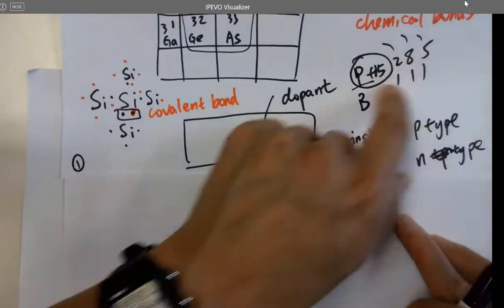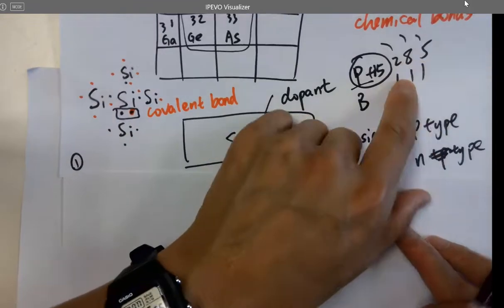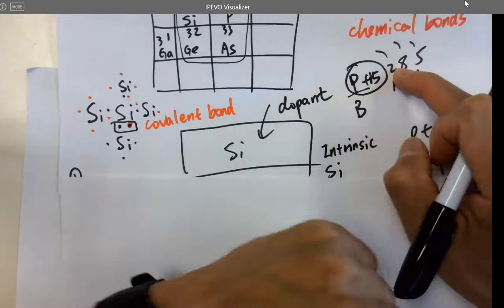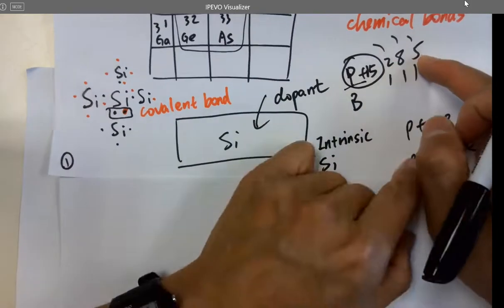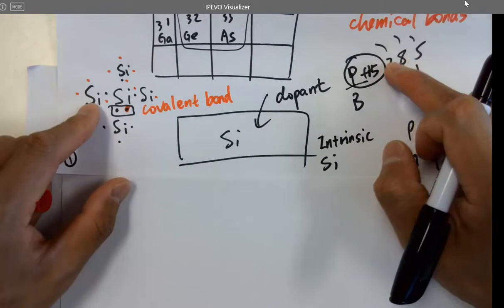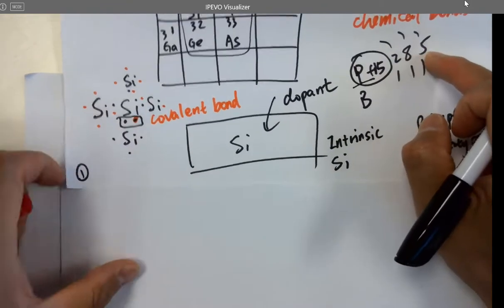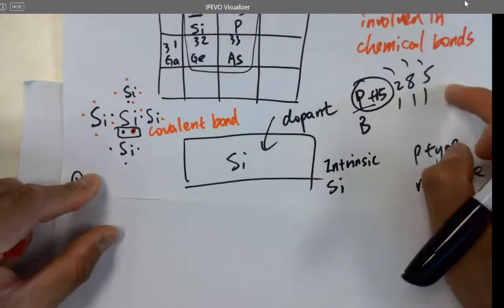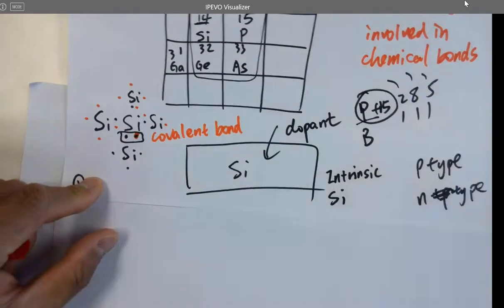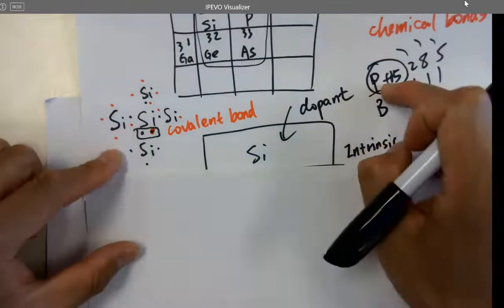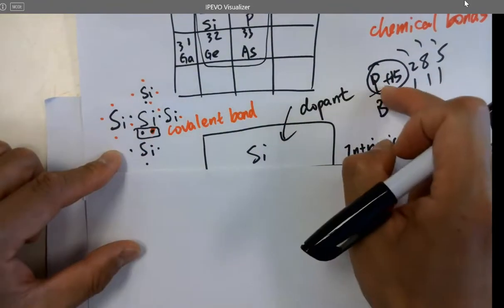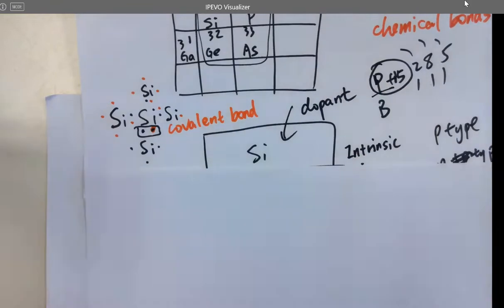However, this one has 5. Are these electrons also involved in covalent bonds? No, only these ones, right? So we're ignoring all the other ones. Just look at the 5, this number here. How many valence electrons does this one have? 5. So what if a silicon atom is being replaced by a phosphorus atom in that silicon wafer?